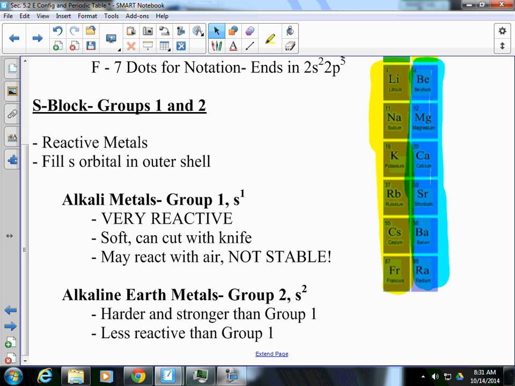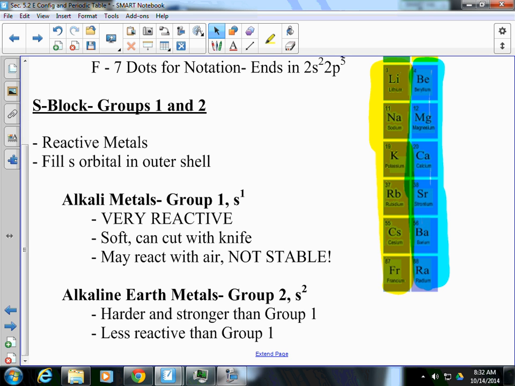You can find alkaline earth metals, group 2, in nature. A couple things about group 2 metals: they are harder and stronger than group 1, and they're less reactive. So for example, calcium. Calcium is what makes up your bones. You can find calcium in nature, naturally existing. Calcium is a very hard metal in comparison to group 1 metals.